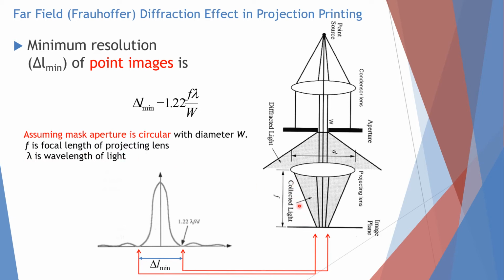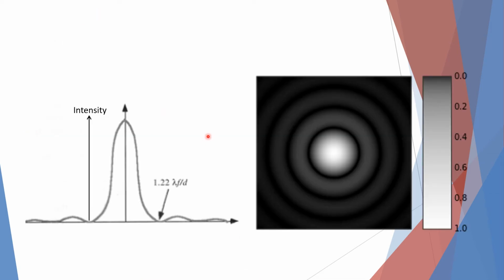Okay, so here, meaning the distance between the projection lens to the photoresist, and also the wavelength of the light must be taken into consideration. Okay, so this picture shows the effect of the diffraction that we previously looked into.